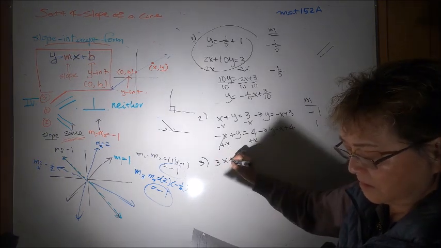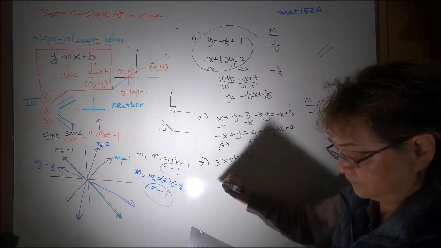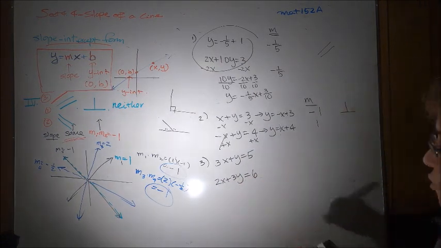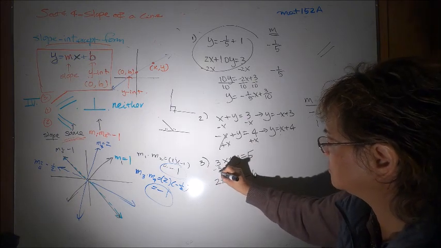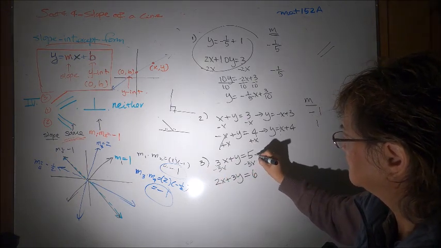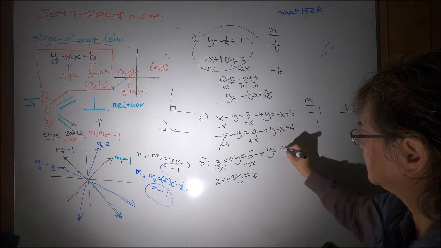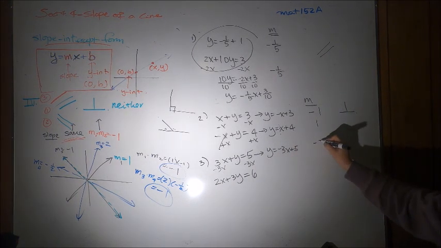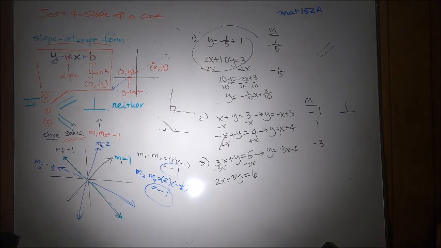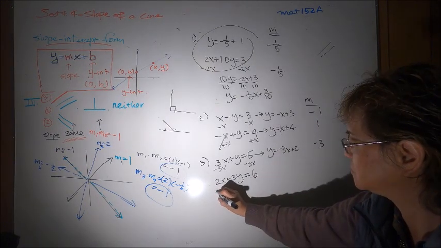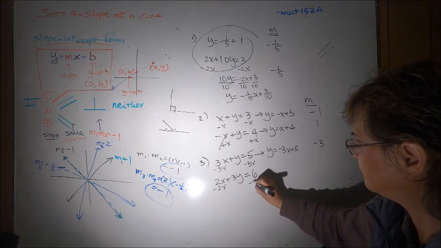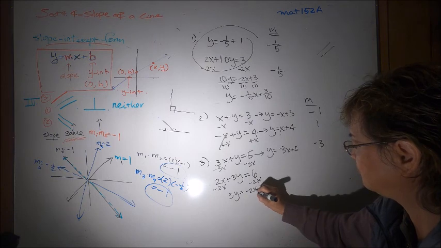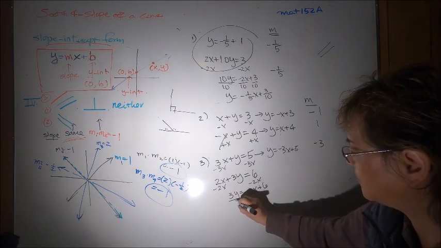So, next one. Let's see. What's the slope? So change it to slope-intercept form. We have what? y equals -3x plus 5. So the slope is what? -3, right? Then this one, we will change the standard form to what? The slope-intercept form. And get y by itself.